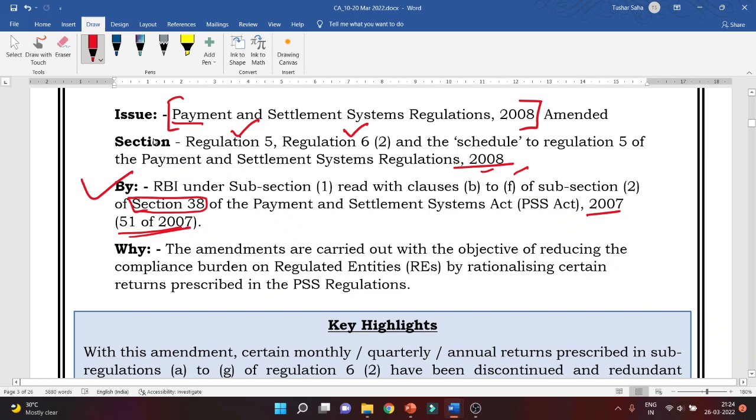The amendments are carried out with the objective of reducing the compliance burden of regulated entities by rationalizing certain returns prescribed in the PSS regulation. PSS regulation means RBI has the power to control the payment system of the country. Under section 38 of that law, RBI is given certain power to change, and that is what RBI has done, known as an amendment.